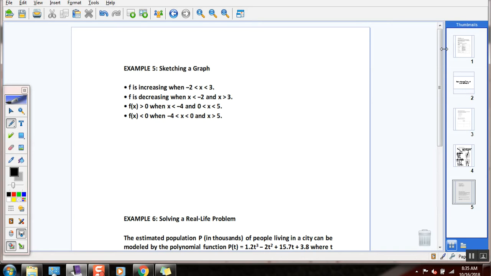And then f of x is going to be less than 0, so your y values are below 0, when x is between negative 4 and 0, and when it's greater than 5. Oh my gosh.